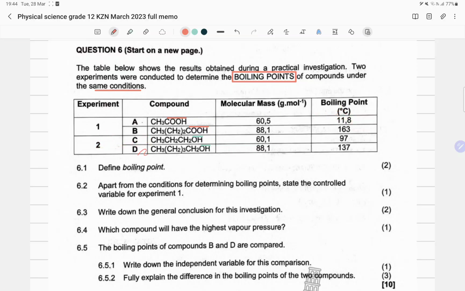Then for experiment 2, we've got C and D, alcohols again. If we're looking there, we can see that this is a 2 there with a 3 outside, so that is within the chain. So this chain is longer than the one in C, and for the same reason we can see that the boiling points are following that.